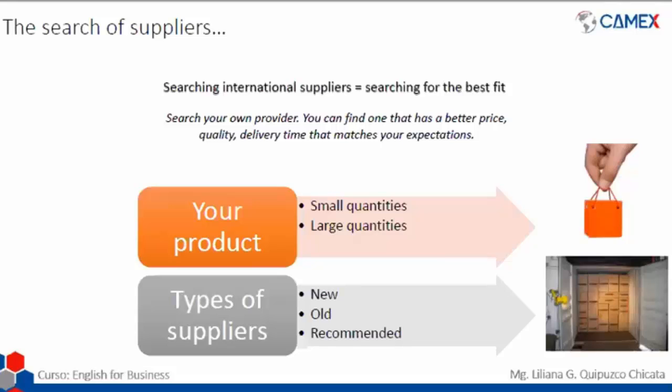For example, if you search for your own provider, you are going to be able to find one that is going to have a better price, a better quality, a better delivery time that is going to match your expectations.